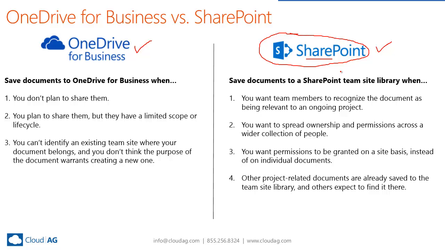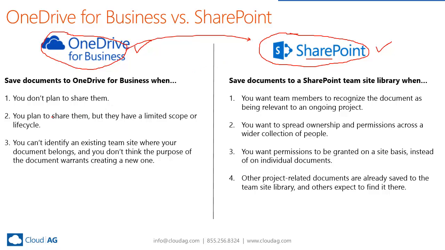So you store that document in a SharePoint site, and then for that team you can grant permissions at group levels, and they can access it. If the document is really meant to be more my own document, or maybe I'm not quite ready to share it with the rest of the team yet, then chances are I may want to store that in my OneDrive area, and then I can of course always copy from the OneDrive over to a SharePoint area once something's ready.